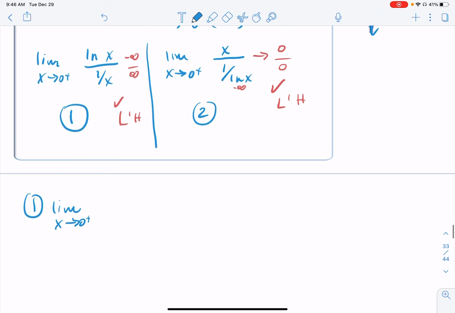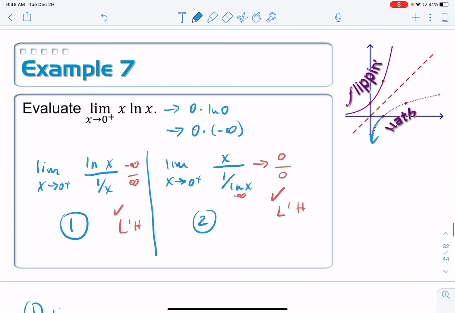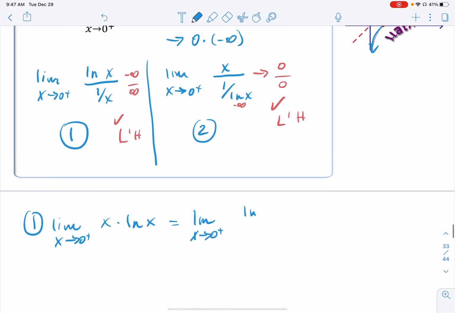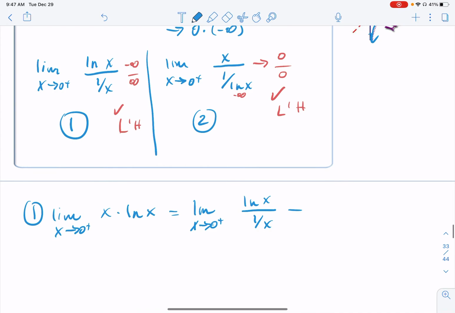All right, so first of all, I'm going to be thorough about this, and this is x times the natural log of x. That looks like a limit. Rewrite it, limit. We want the natural log on top over 1 over x on the bottom, which goes to an infinity over infinity.